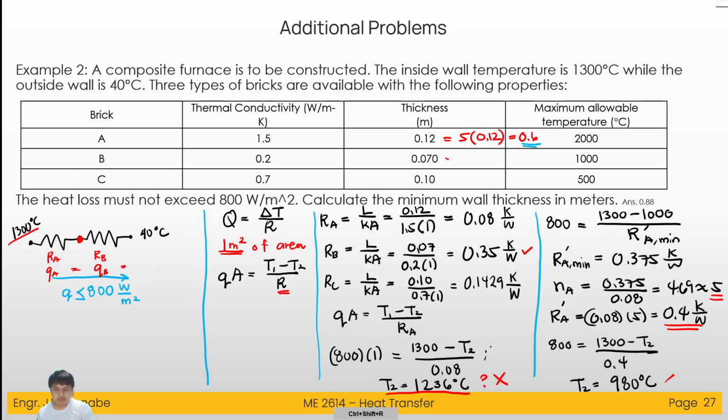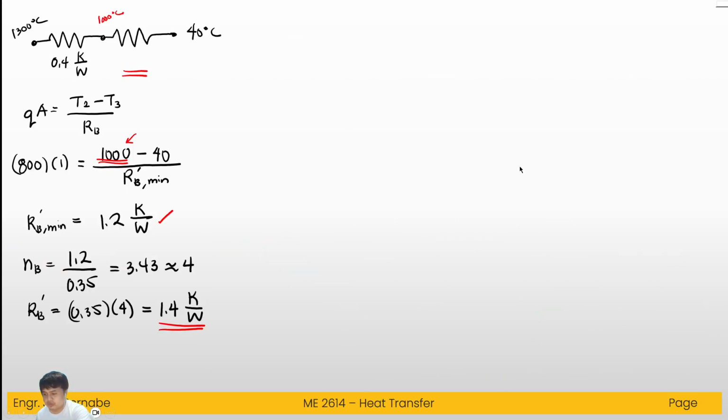So therefore, in here, as you can see, this will be 4 times 0.07 and that will be 0.28, no? So therefore, we can say already that the brick needed, or the length needed, or the thickness needed is the length of brick A plus the length of brick B. So the length of brick A is 0.6, the length of brick B is 0.28, then therefore this is 0.88.